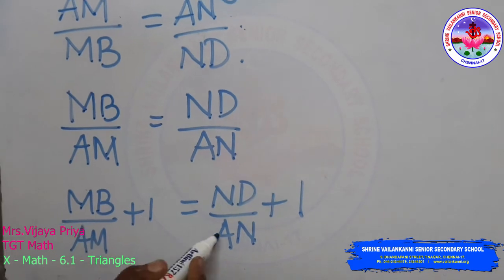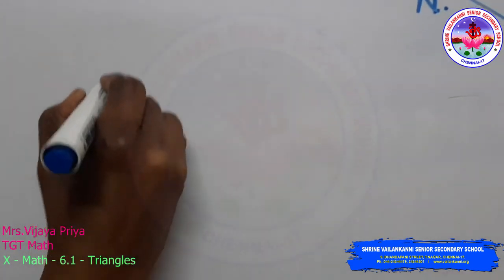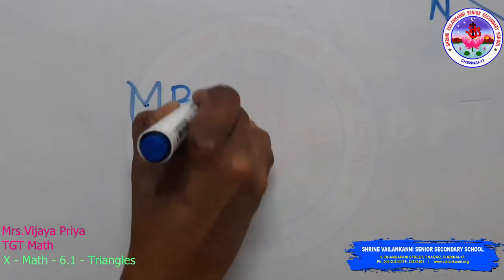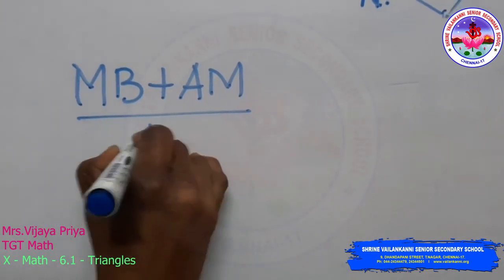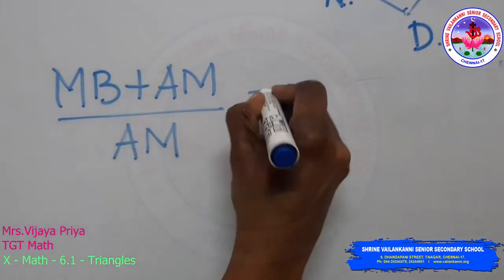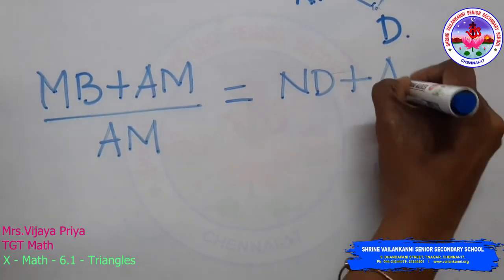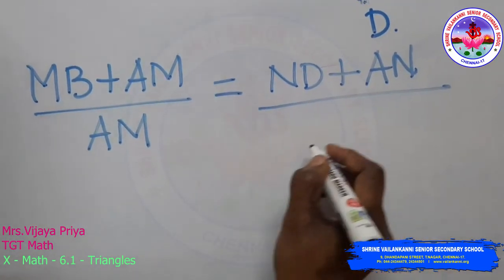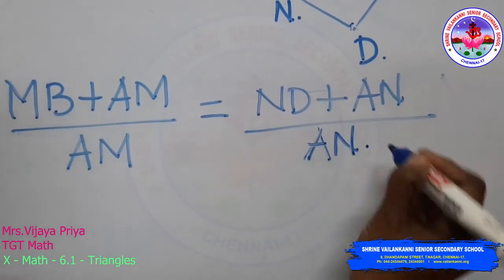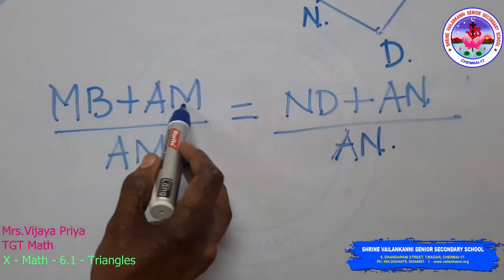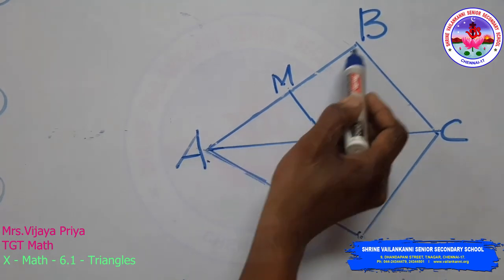Now by taking the LCM, I will get MB plus AM by AM is equal to ND plus AN by AN. Now seeing the figure, MB plus AM, if you add, I will get AB.